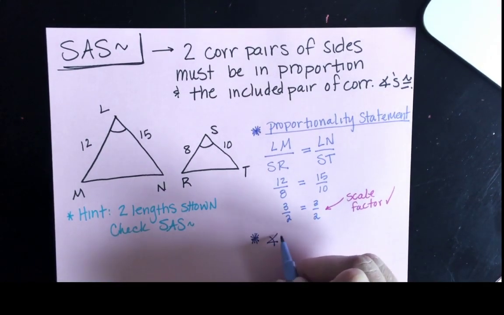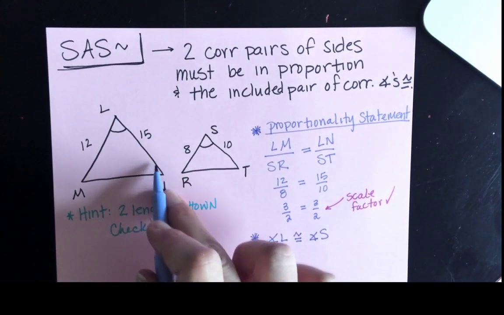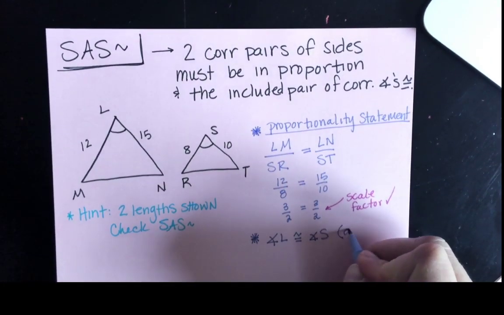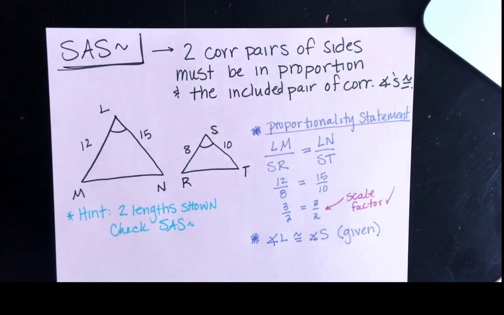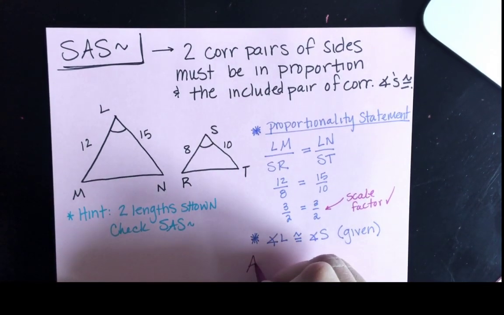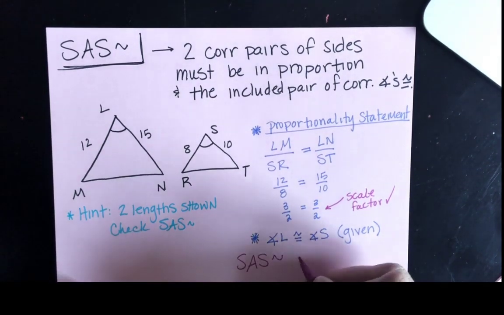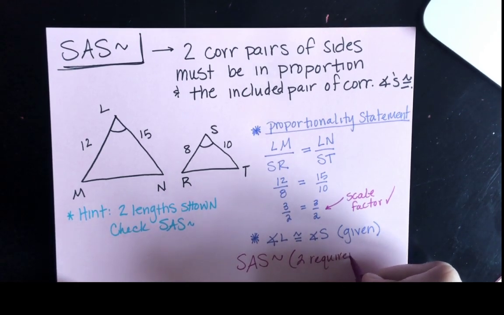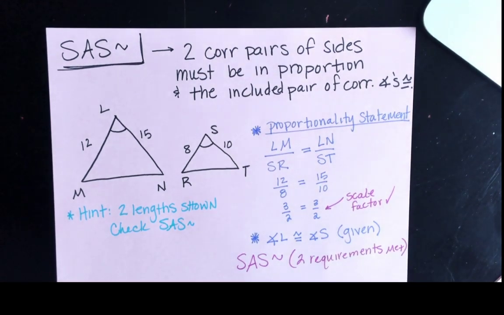And I can see that because it's given angle L and angle S, which again are between where the two sides touch at that included angle, the reason they're congruent is it's given. So because we have two requirements now, the triangles are similar by side, angle, side similarity. So our two requirements were met.